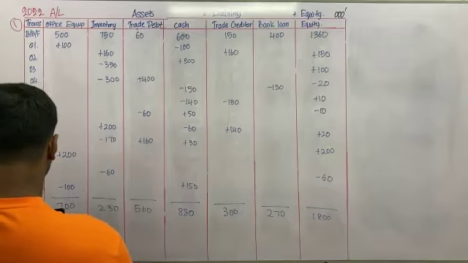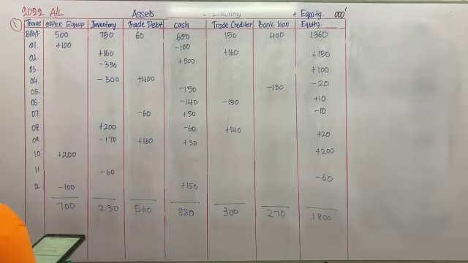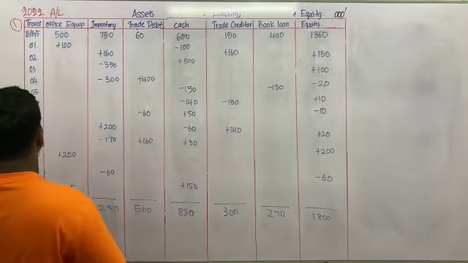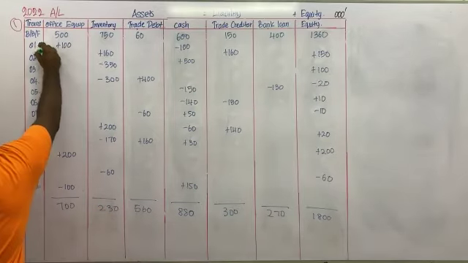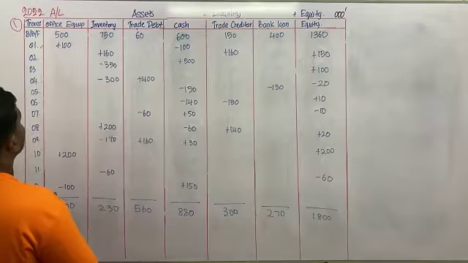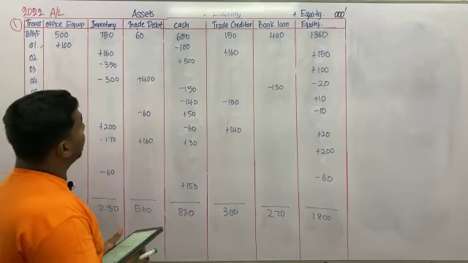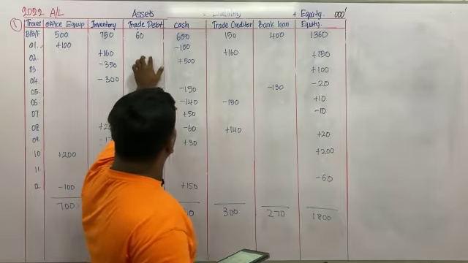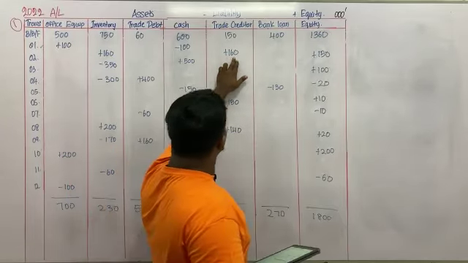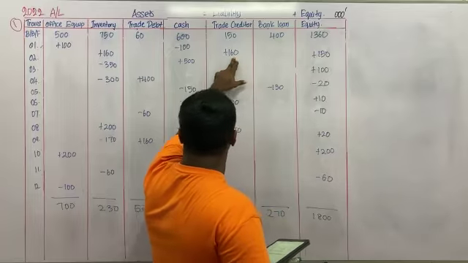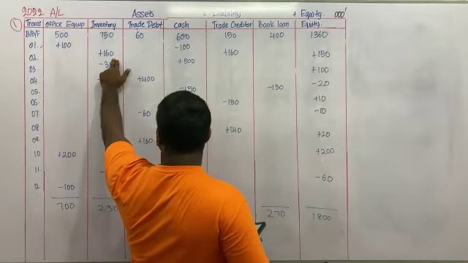Okay. So let's go with the transaction number 2. Transaction number 1 done. Transaction number 2. Inventory increased by 160. Okay. At the same time, trade creditors increased by 160. Inventory increased 160.